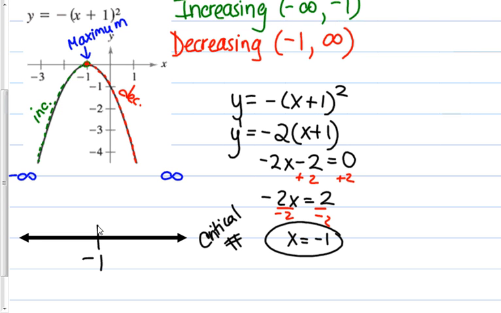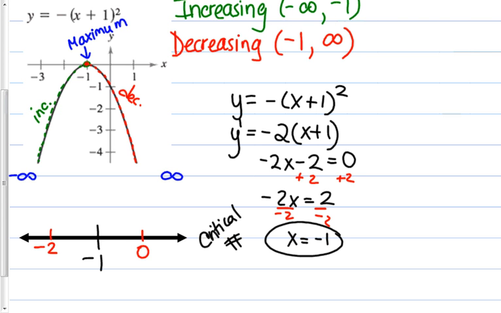But this is nice and simple. So I need to find a number to the left of negative 1, which obviously negative 2 is the next best thing, a small number. And I need to find a number to the right of negative 1, which hopefully 0 is your pick, because it's 0 and it's so easy. So these are my two test values.